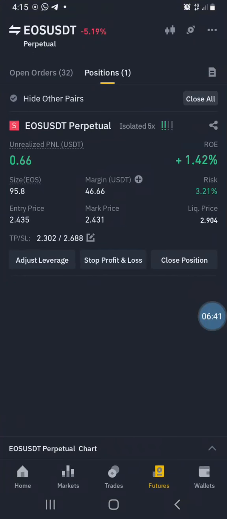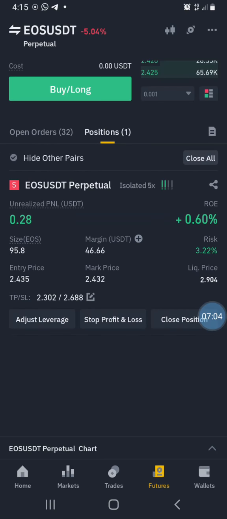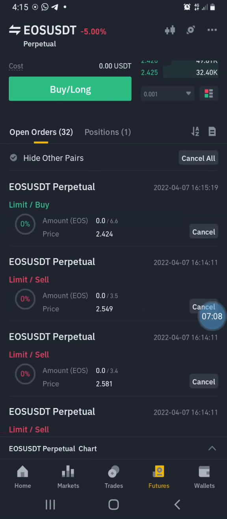So as you can see, the bot sold because the margin was about $50, about 59 point something dollars before. But the margin I'm seeing now indicates that the bot sold part of this. So it's not sold per se, it took profit.